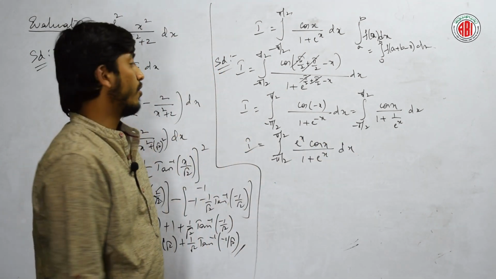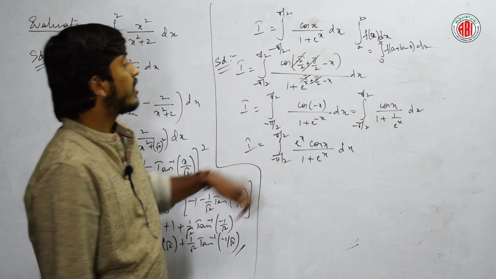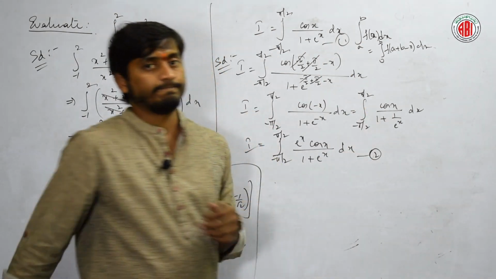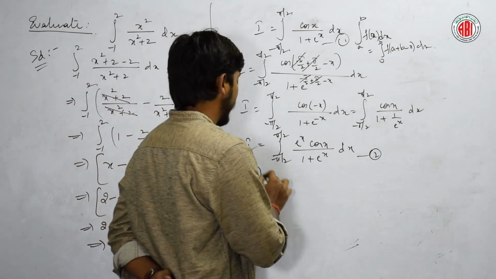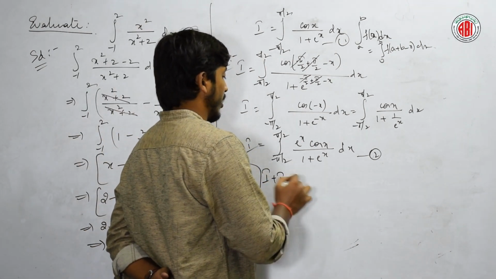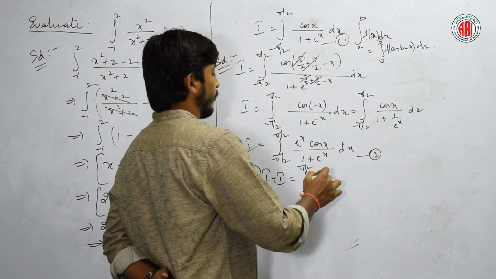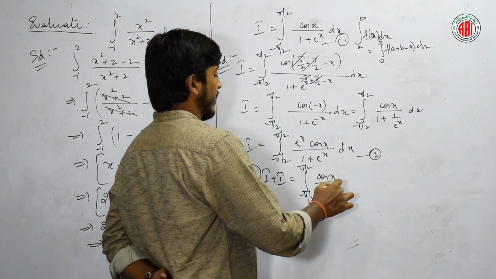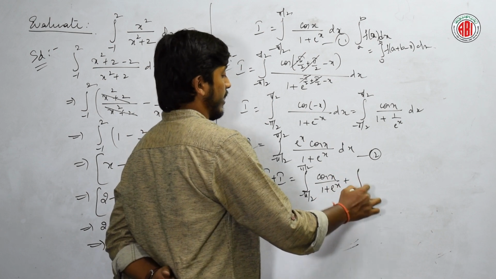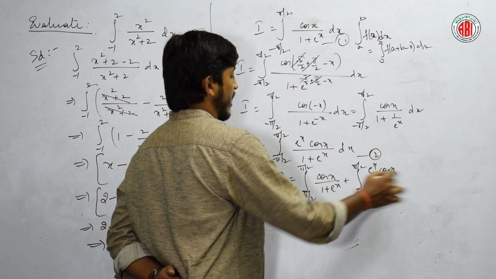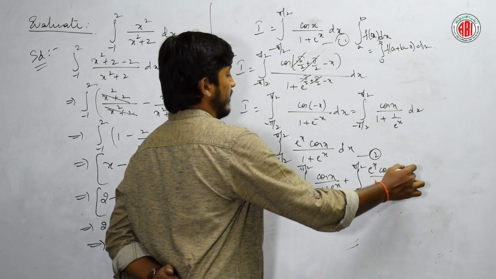Is it? So now let us add these both terms, the original term and the one we got here. So check, what do we get? I plus I is equal to integral from minus pi by 2 to plus pi by 2 of cos x by 1 plus e power x, which is the question, and here minus pi by 2 to plus pi by 2 of e power x cos x by 1 plus e power x is this thing.